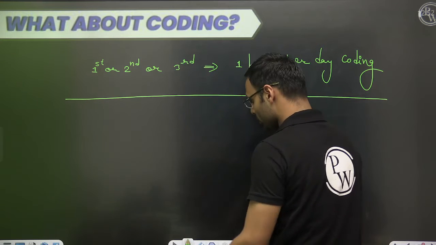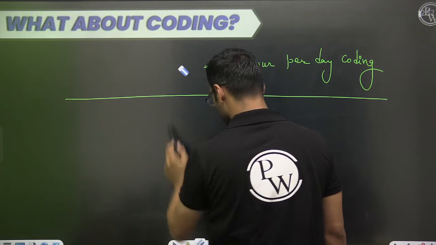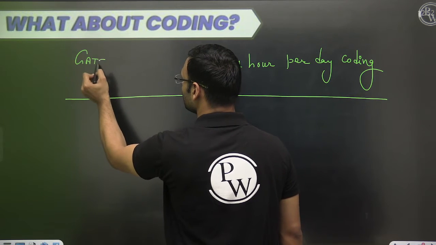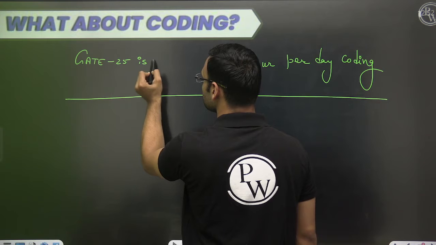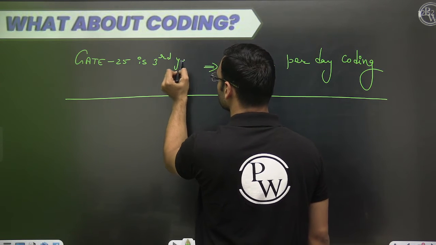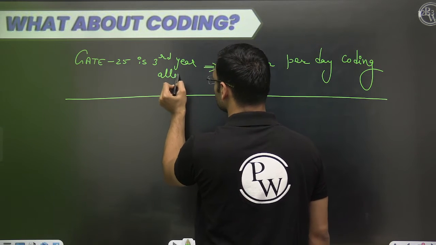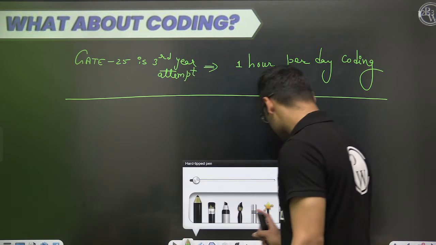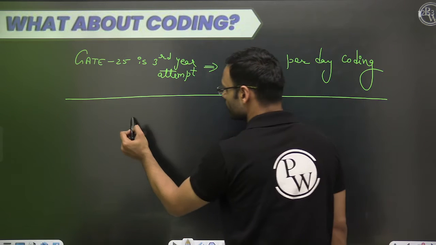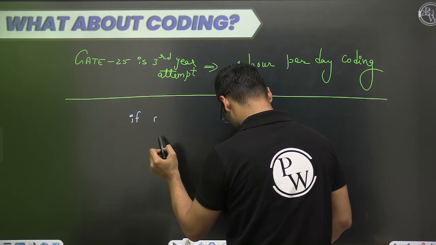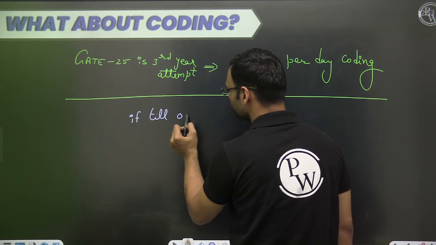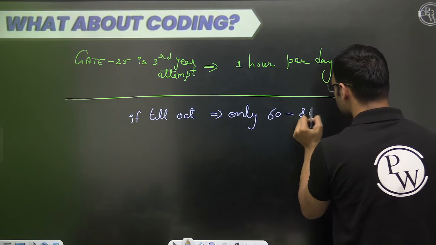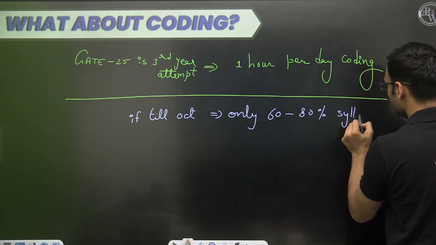Now there is a small change. If you are having your third year attempt, GATE 25 is your third year attempt, then definitely you can go with this 1 hour coding. The catch is, if till October only 60 to 80% syllabus is over, then you are going to stop.